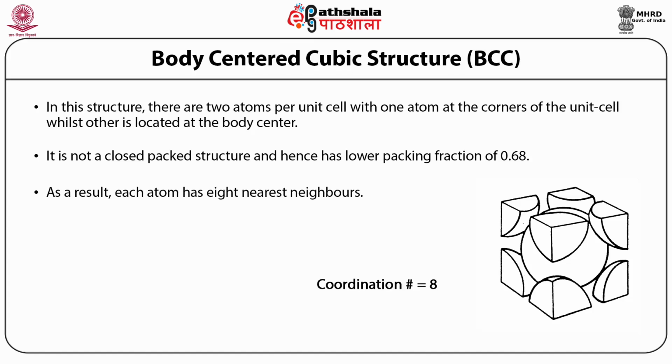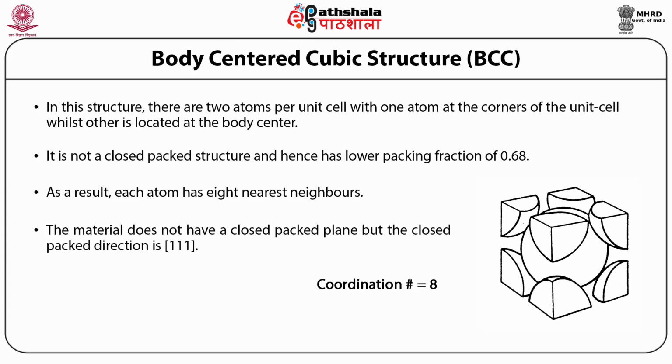As a result, each atom has 8 nearest neighbors. The material does not have a close packed plane, but the close packed direction is [111], and the close packed directions are the cube diagonals.